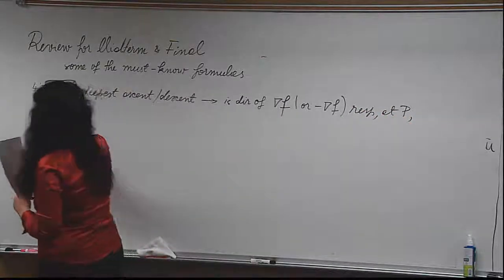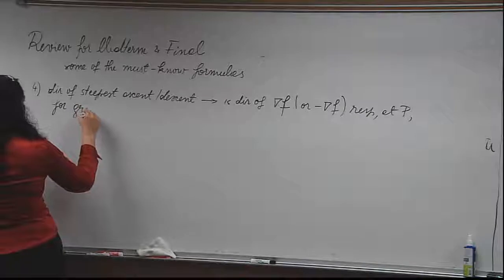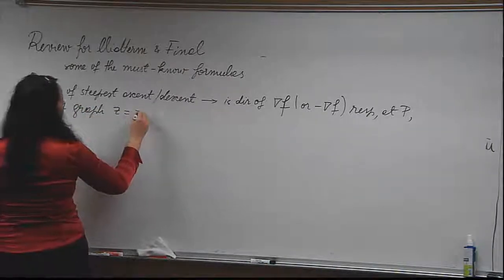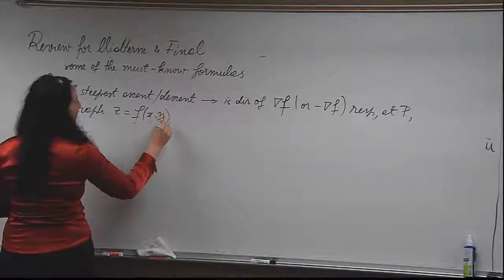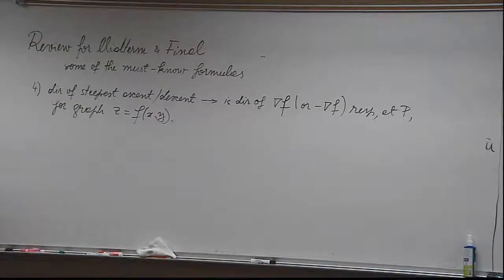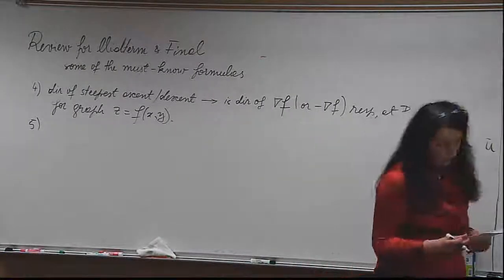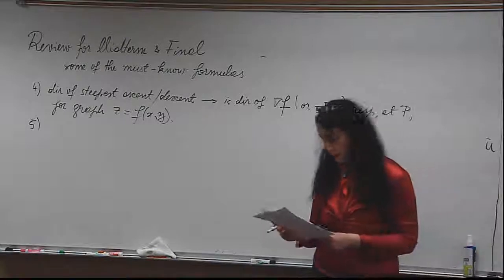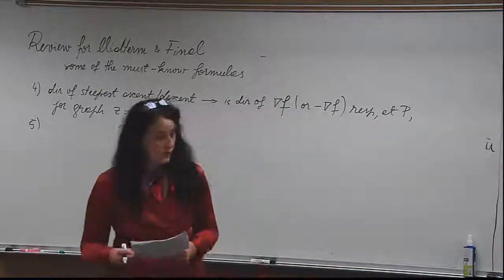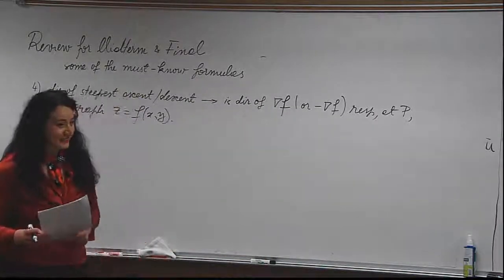For the graph z equals f of x, y. This is the function that I'm talking about. Problem 5: the direction u that you found at the previous problem. I didn't ask if it's unique, okay?